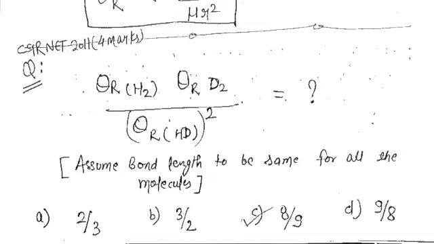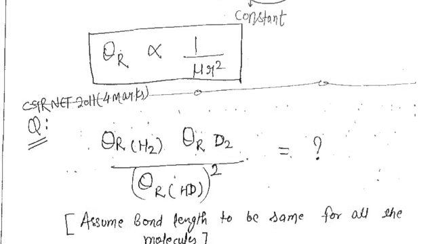The only variable is nu, the reduced mass. So by putting in the value of nu, we can reach the result, as theta r is inversely proportional to nu r square.